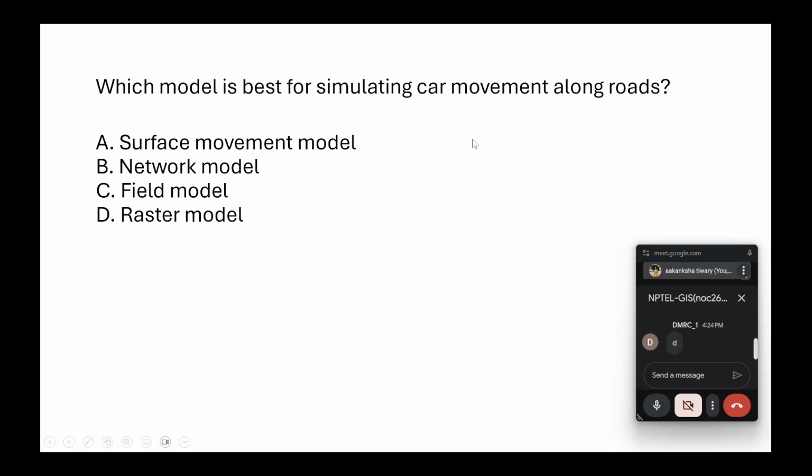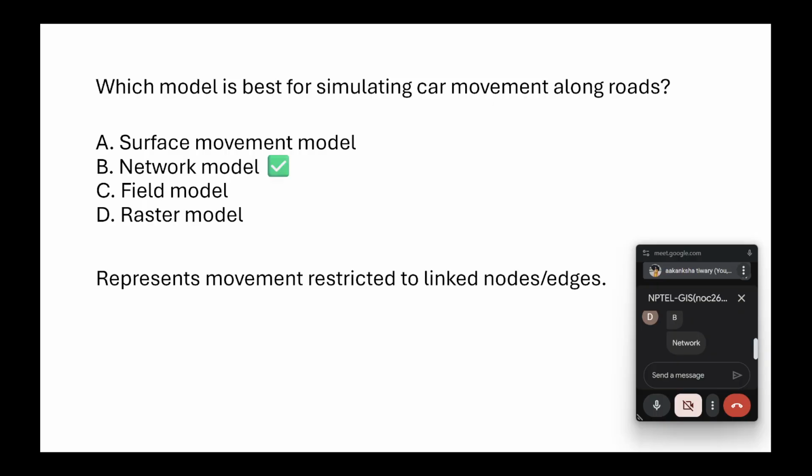So which model is best for simulating car movement along the road? Surface movement model, network model, field model, or raster model? So this is going to be the network model. Okay.